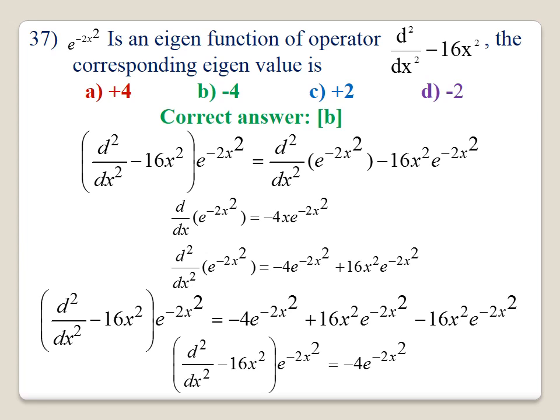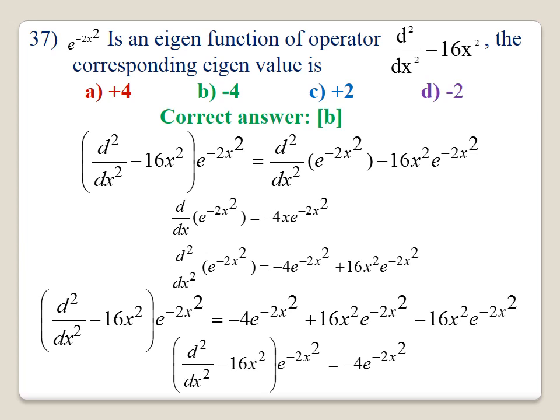First you differentiate 4x, you will get minus 4 e power of minus 2x square. Then you differentiate e power of minus 2x square, that gives plus 16x square e power of minus 2x square. We have found the value of the first term, d square by dx square e power of minus 2x square.